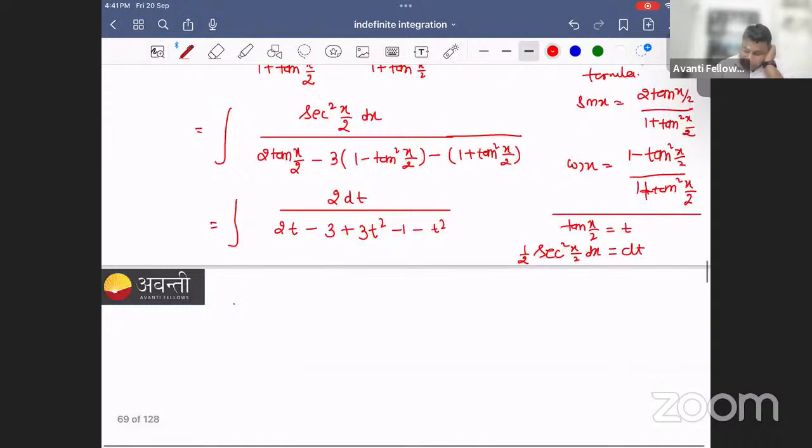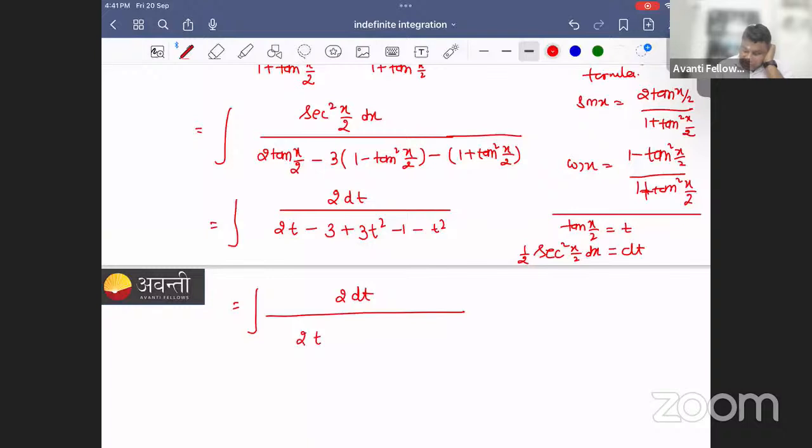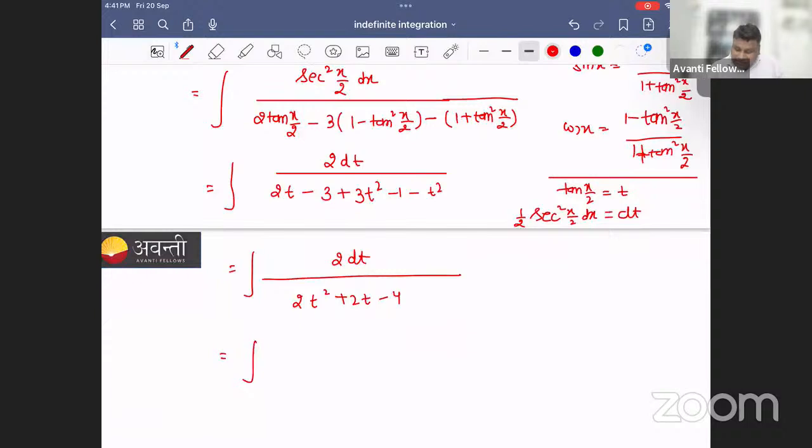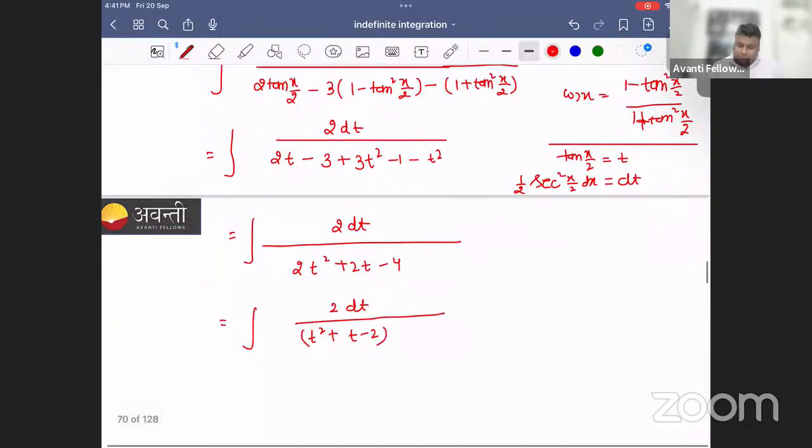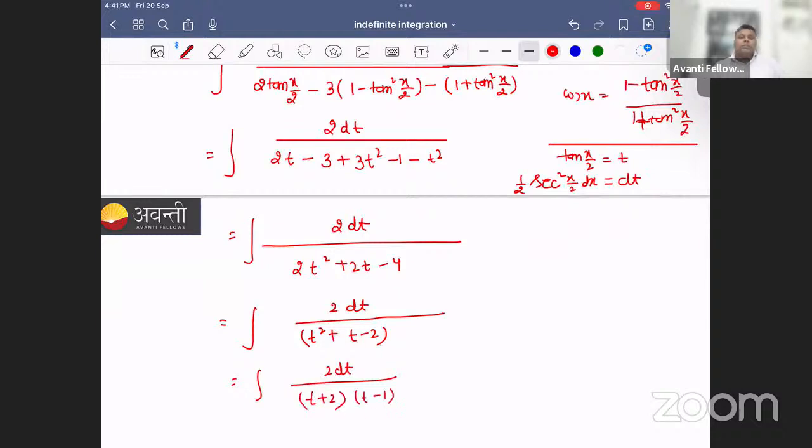So it became 2 dt upon 2t square plus 2t minus 4. Got it? That is integration 2 dt upon, this became t square plus t minus 2. 2 dt upon t plus 2 into t minus 1. Now partial fraction can be done very easily.